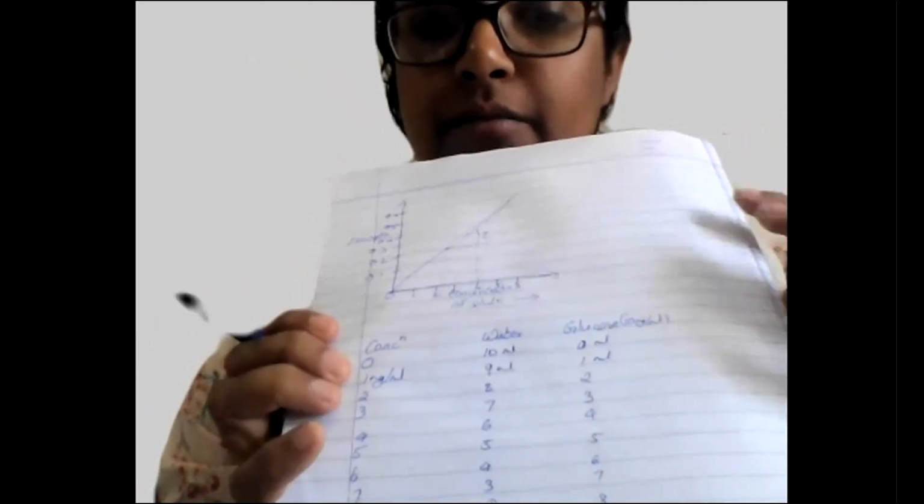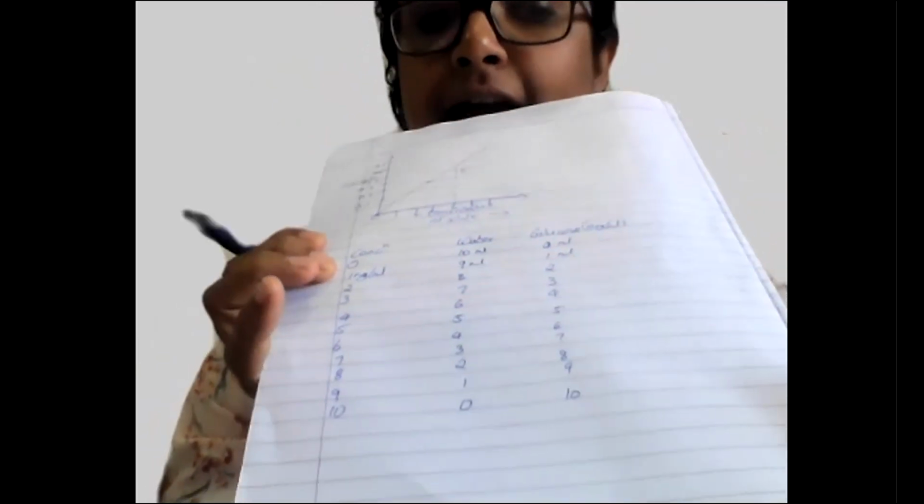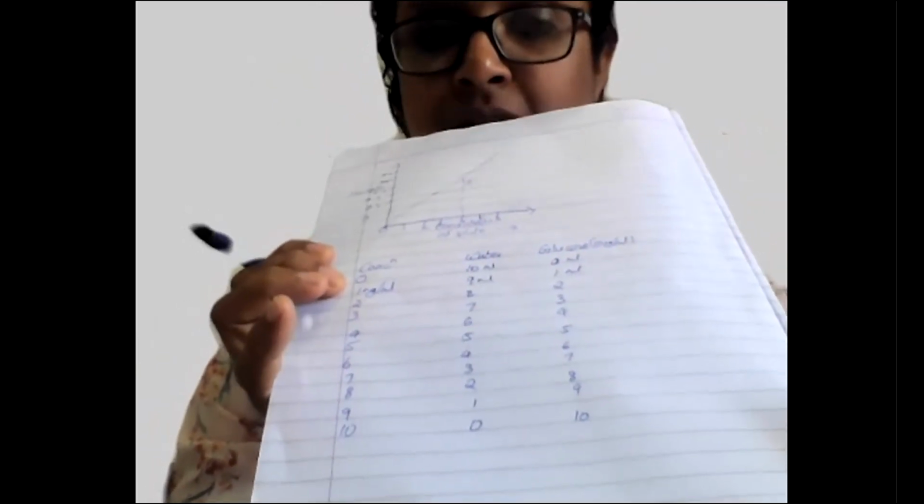So you will have this 0 to 10 mg per ml of glucose, and for each of these, you would have added the necessary volume of reagents, then boiled it in a water bath for 10 minutes, cooled it down to room temperature again, and then added your arsenomolybdate solution. And once all this is done, you will finally have your blue colored solution.